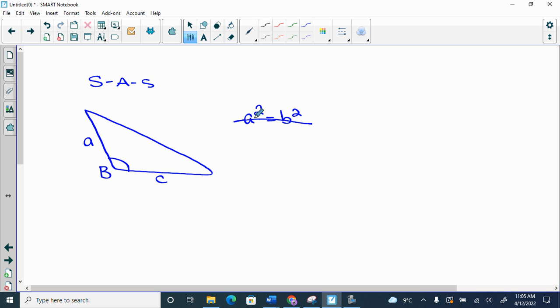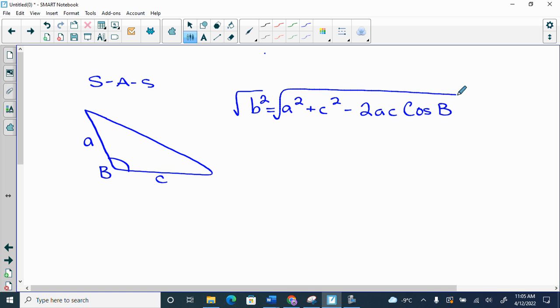It would be b squared equals a squared plus c squared minus 2ac cos b. And then we would square root it. And then we would find b first. So you have to find the third side.